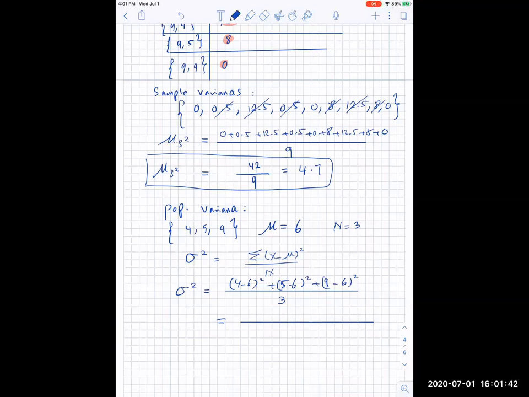So 4 plus 1 plus 9. Result: 14 over 3. Is 14 over 3 the same as 4.7?